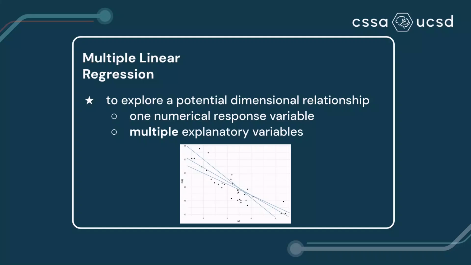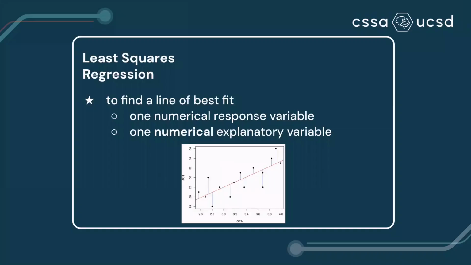But the best one of them all, least squares regression. This type of regression attempts to find a line of best fit. And there's a numerical response variable on the y-axis and a numerical explanatory variable on the x-axis. And when compared to simple linear regressions, least squares are trying to minimize the distance between every point and the line of best fit.